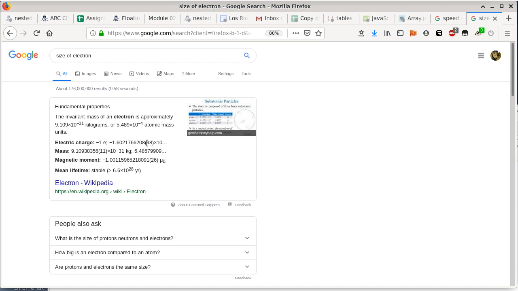We can get that done easy. And then the EE part, or the E part, when we type it out using a text editor, is the separator between the Mantissa, in this case 9.109, and the exponent of 10 that controls the magnitude of the number or the value that you're trying to specify.